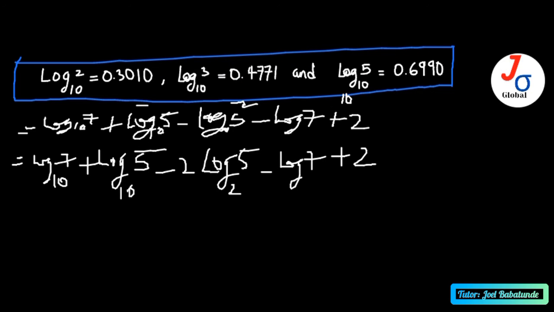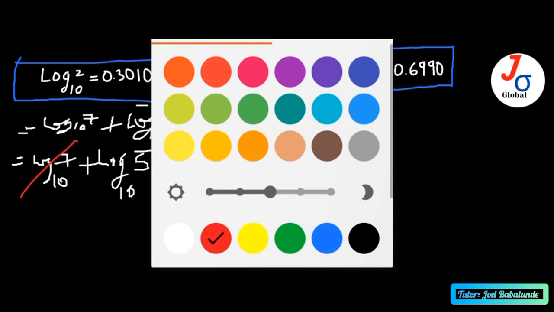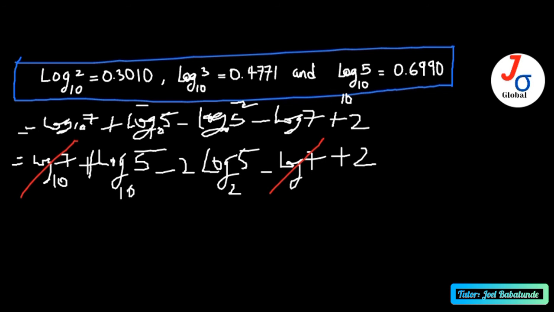Then log 7 minus log 7 is going to cancel out, and then I have an invisible 1 here, so that becomes 1 minus 2.